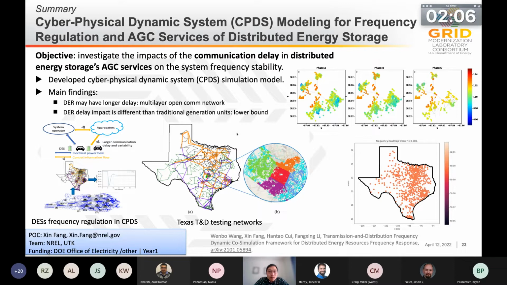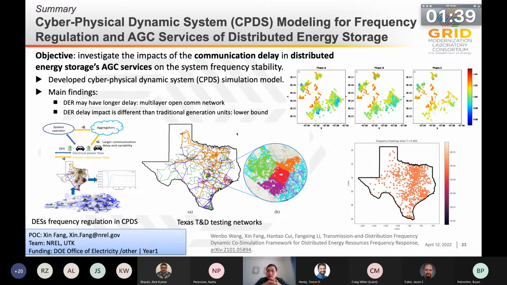The 2,000-bus transmission network is utilized for the transmission system, and we fully model the distribution feeders in the Austin area. Within that area, it has about 1 million distribution buses, and we add a lot of additional DERs in that region, distributed PV and electric vehicles, and we simulate the system response after we enable these DERs to provide frequency regulation.